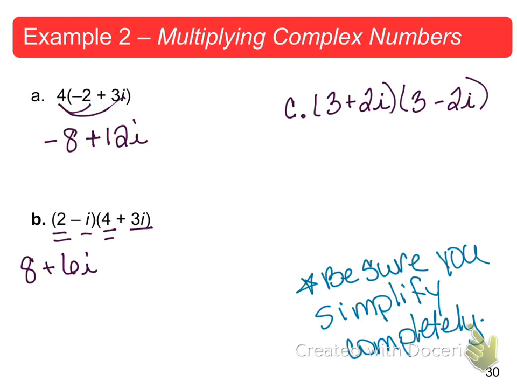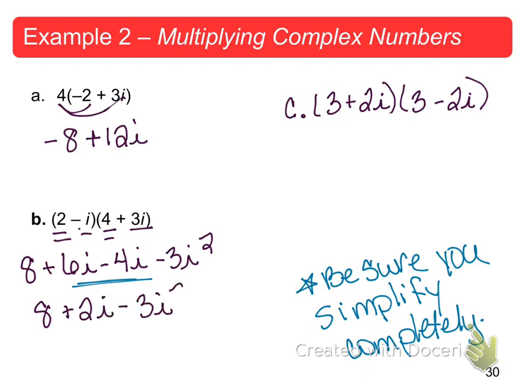Negative i times 4, which is minus 4i. Negative i times 3i, which is negative 3i squared. Students almost always remember to simplify this right here. And they say 8 plus 2i minus 3i squared.